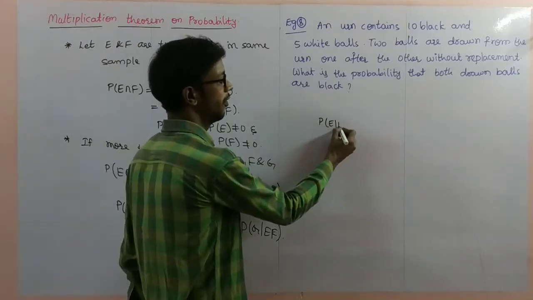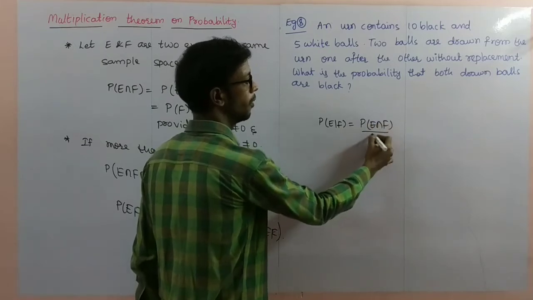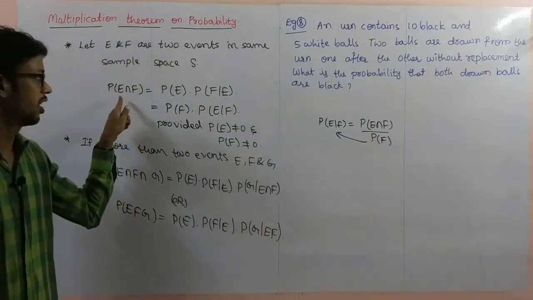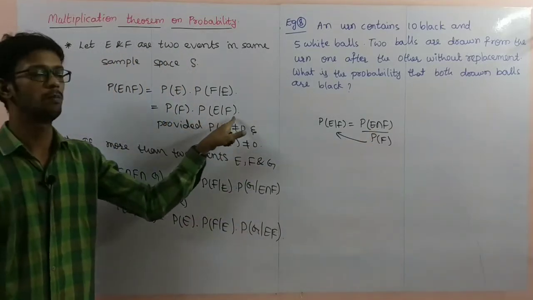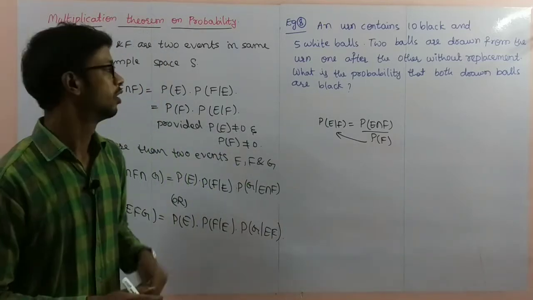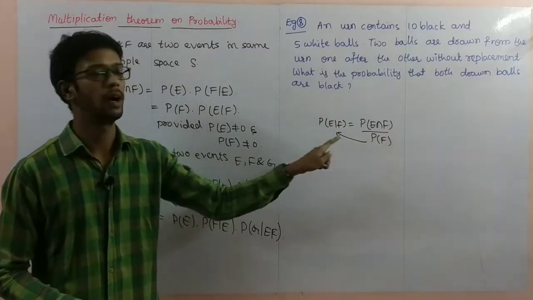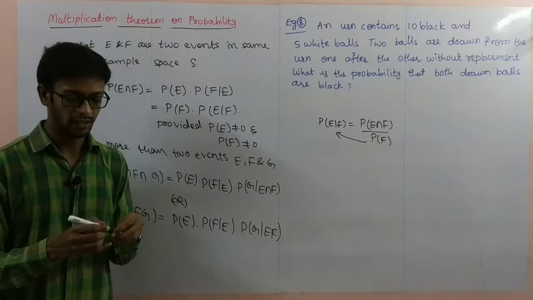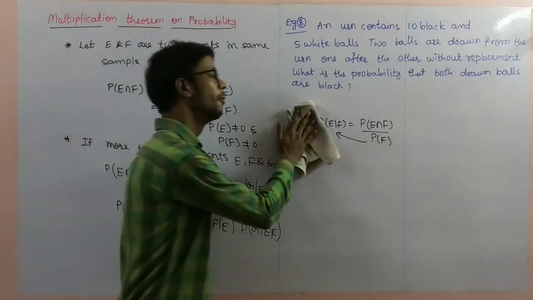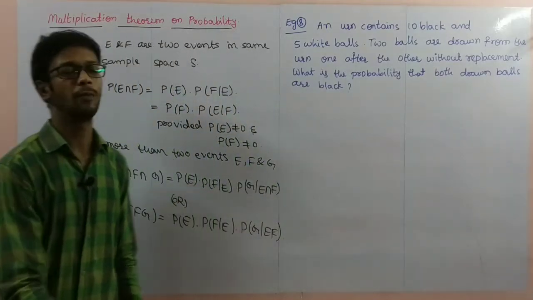Probability of E by F formula we know: probability of E intersection F by probability of F. Sending this to the other side, probability of E intersection F is equal to P of F into P of E by F, where P of F is not equal to 0. Similarly, taking F by E, you will get this formula. So these are the concepts of the multiplication theorem, and based on this concept we have the problems.